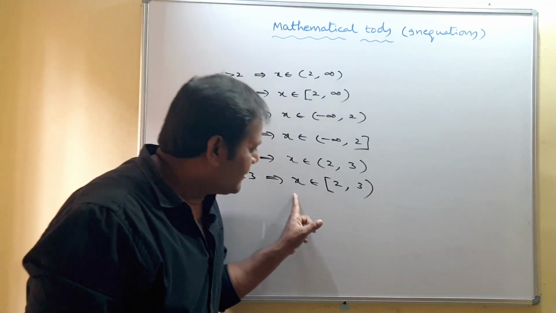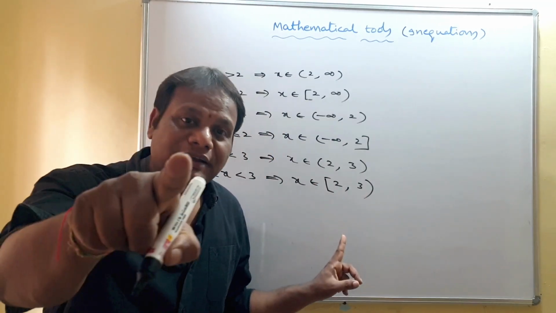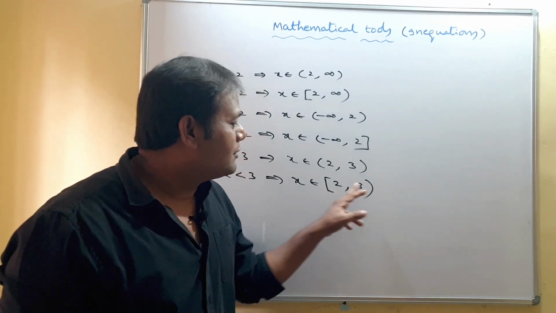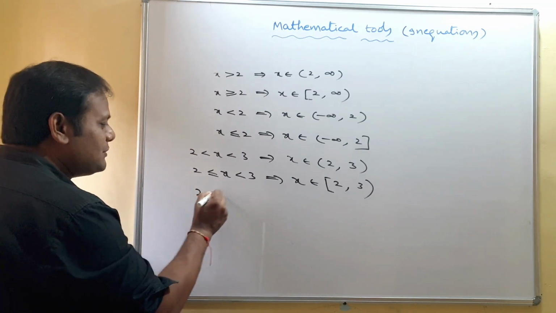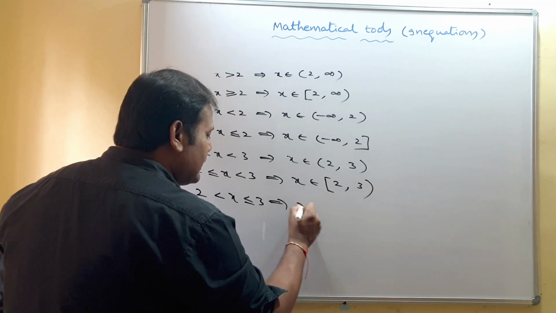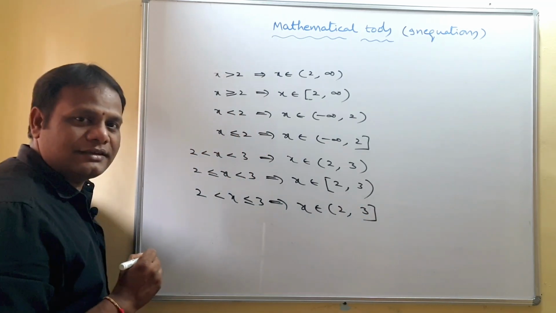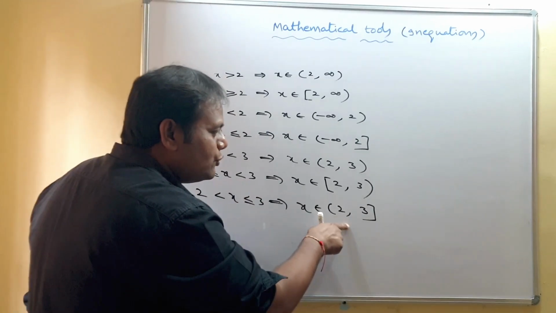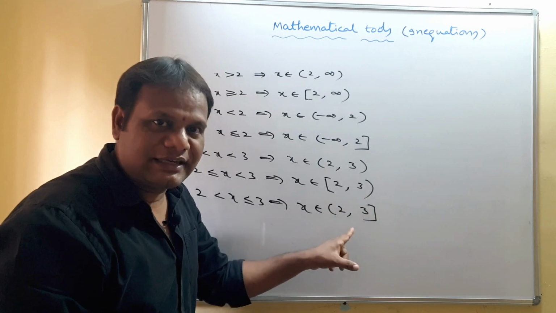This means 2 is included, 3 is not there, but you can take any number between 2 and 3. Suppose 2 less than x less than or equal to 3. So x belongs to open interval 2, closed interval 3. This means you can take every number between 2 and 3, including 3.